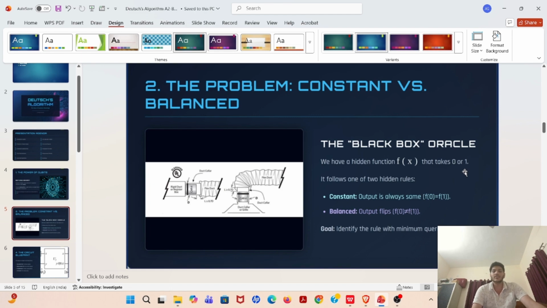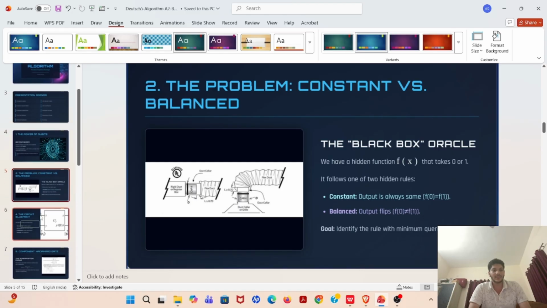Whereas in balanced, the output flips. If you give 0 as input, the output will be 1, and if you give 1 as input, the output will be 0. So it flips. It keeps a balance. In constant, there is always the same output, and in balanced, the output is flipped.